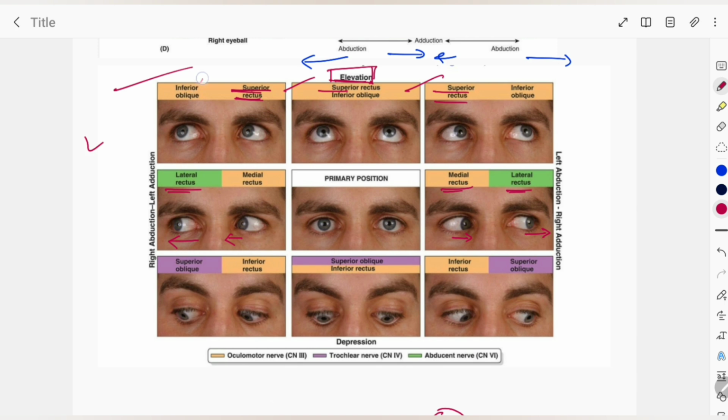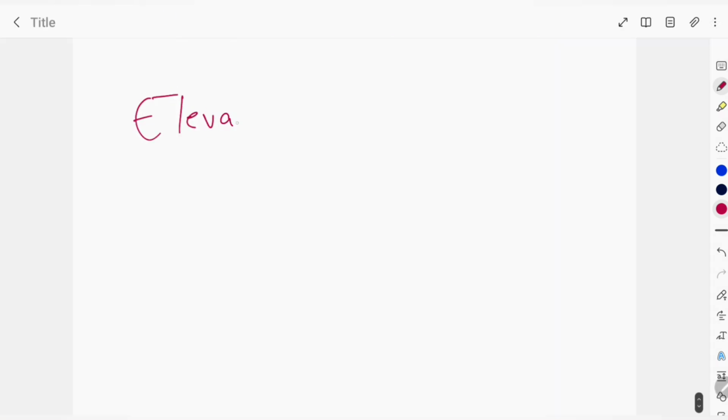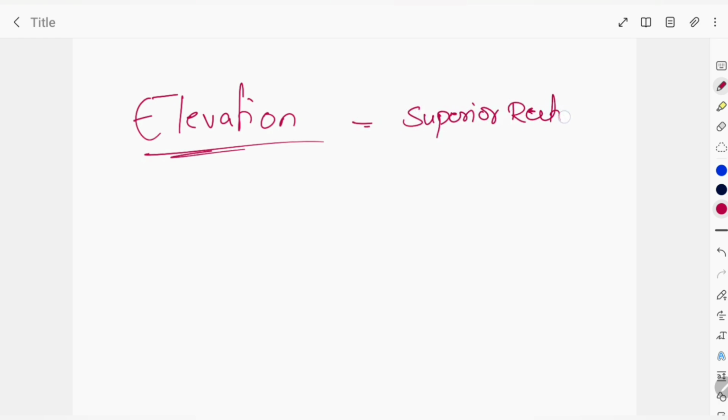So inferior oblique is coming in the picture. Here also the person is seeing upwards in the 12 o'clock position. This is the inferior oblique. And towards the right side, if the person is seeing in the upward direction, inferior oblique is coming in the picture. So for the elevation, there are two muscles, superior rectus plus inferior oblique.